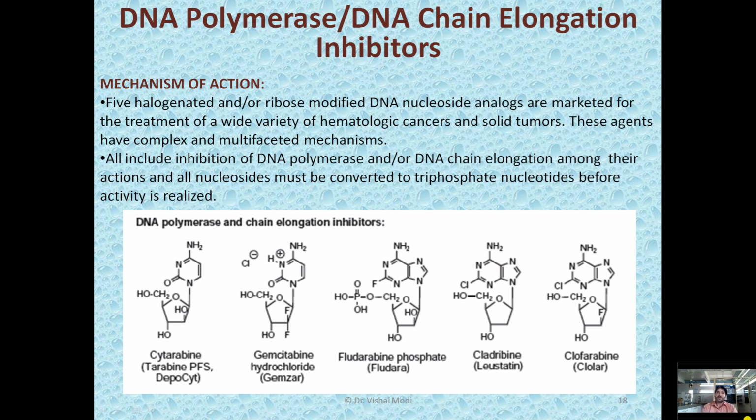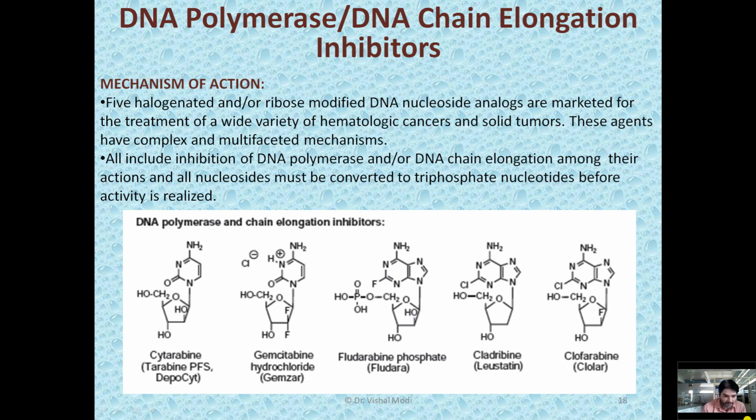DNA polymerase enzyme is specifically responsible for DNA chain elongation. So, when this enzyme is blocked or its action is inhibited, at that time DNA synthesis or DNA chain elongation stops. In this way, all these drugs produce their anti-cancer action.